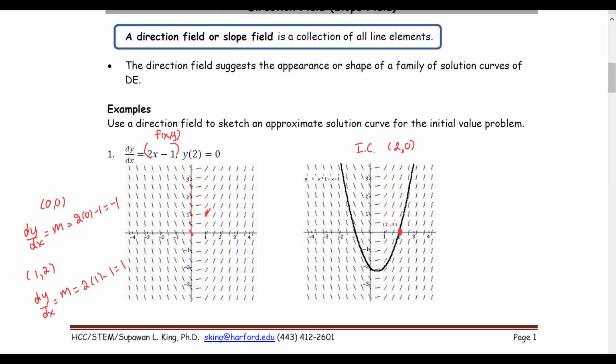To sketch the solution curve passing through this ordered pair, you go along the line segment at the slope indicated at that position. That's why it's called the slope field or the direction field. It will tell you the direction of the solution curve of the initial value problem.